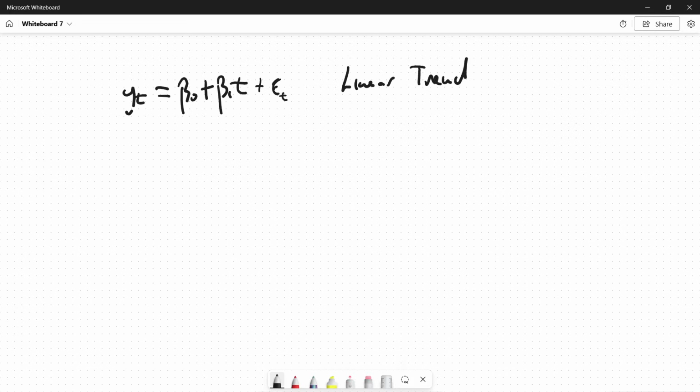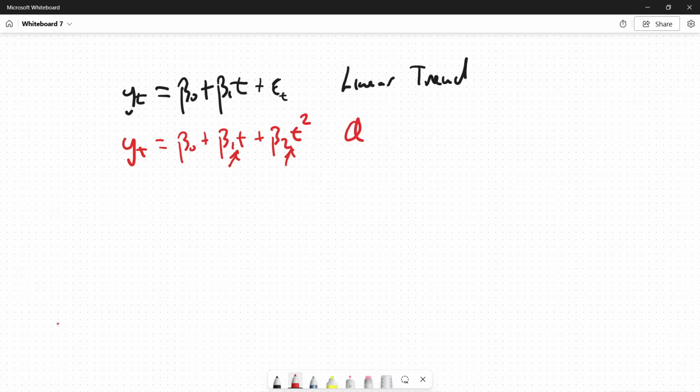That would be easy. Linear trend. Probably the simplest thing that you can come up with. You could make that a little bit more interesting and say something like y_t is equal to beta 0 plus beta 1 t plus beta 2 t squared, plus epsilon t. Now I've got the linear piece and a quadratic piece.